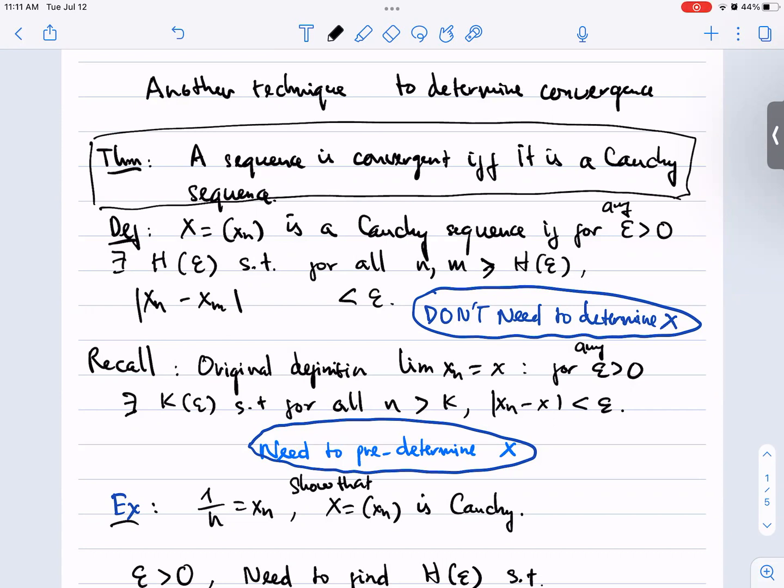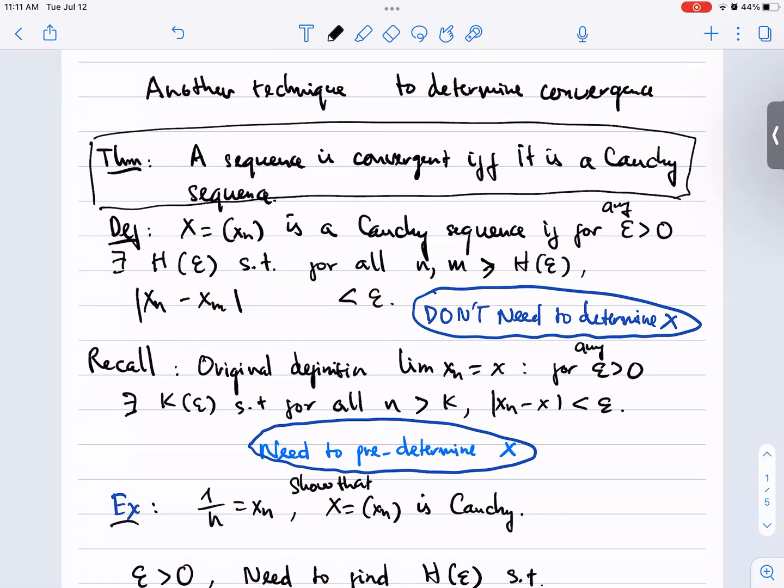That is, after index h, all elements in the sequence are pretty close to each other because the difference between any two elements cannot exceed epsilon.